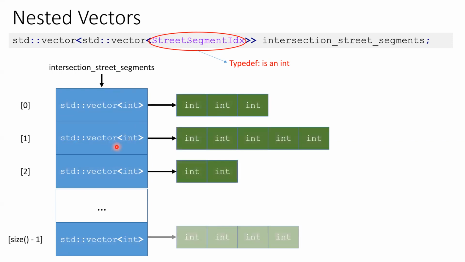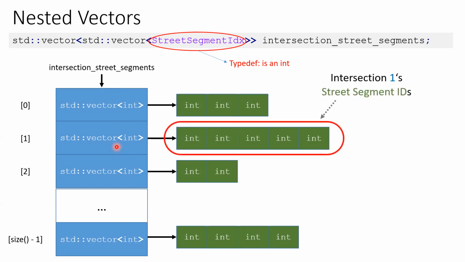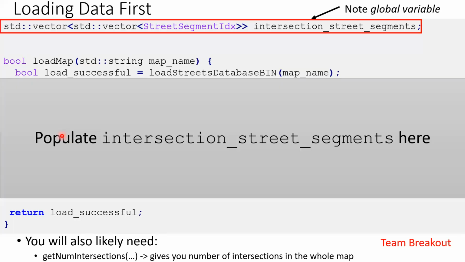So basically, it will look like a dynamic 2D array. And intersection 1's 3 segment IDs will just be accessed by the square bracket 1, and we'll get a vector of integers. And let's break into groups again and try to populate this global variable inside the load map.